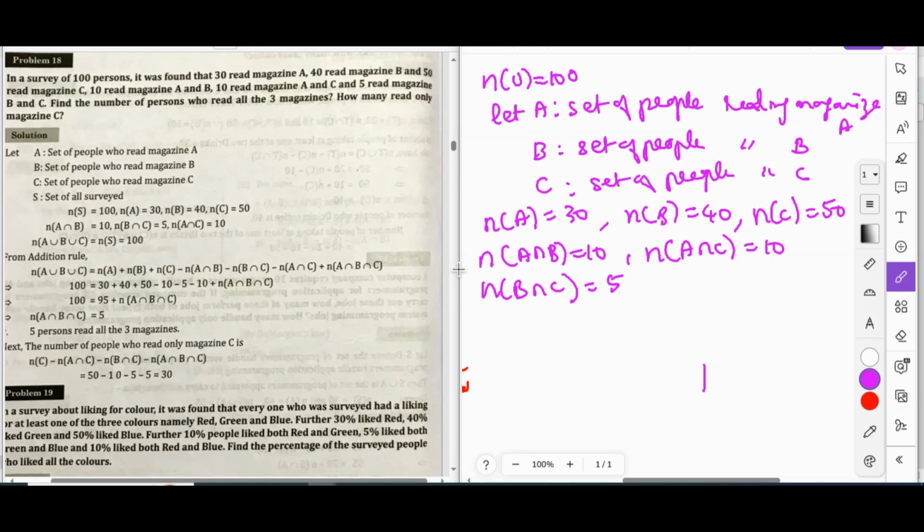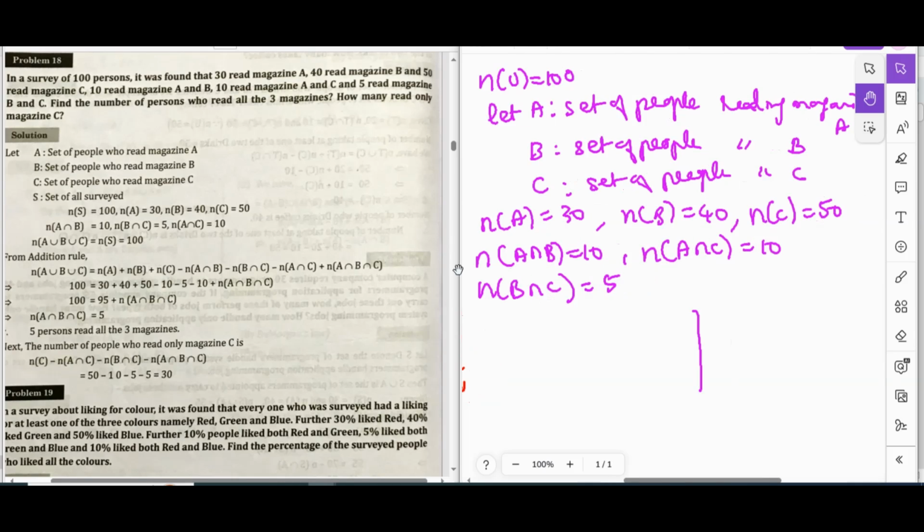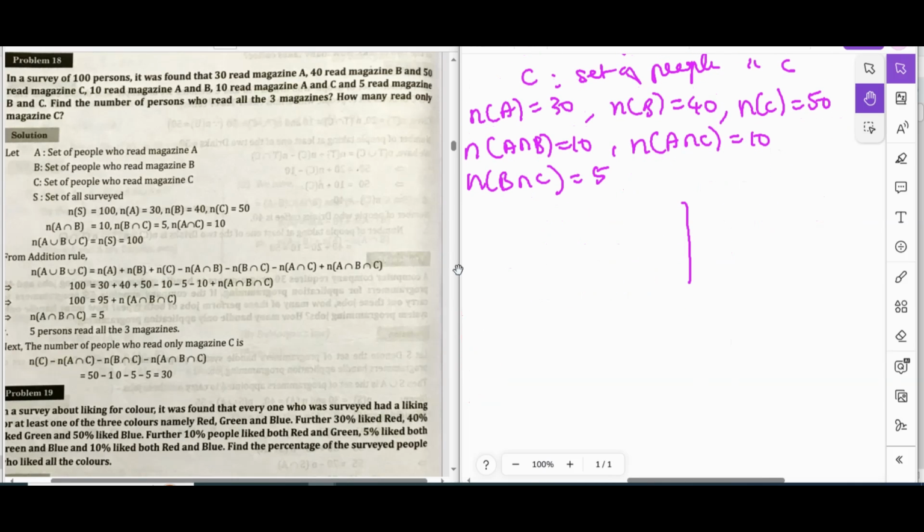We have to find the union of all three magazines. So how do we find that?